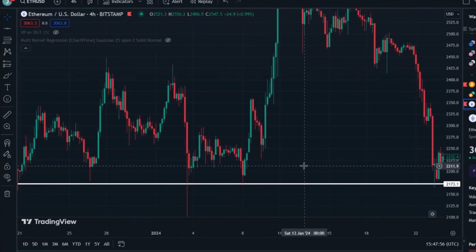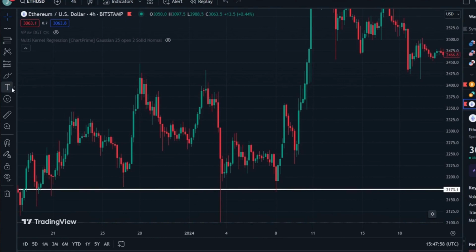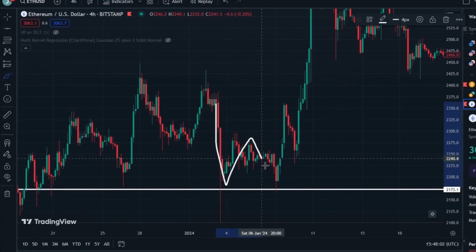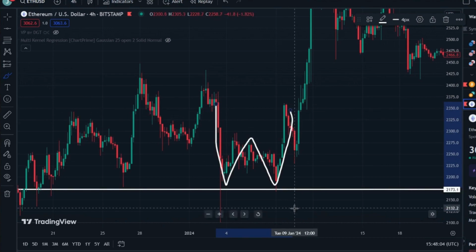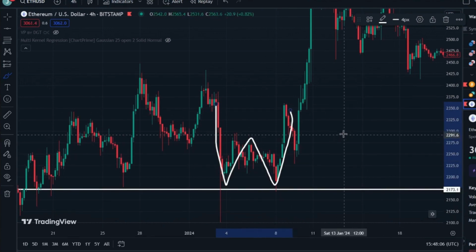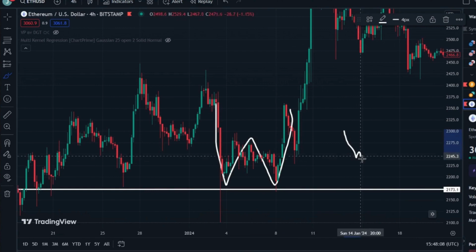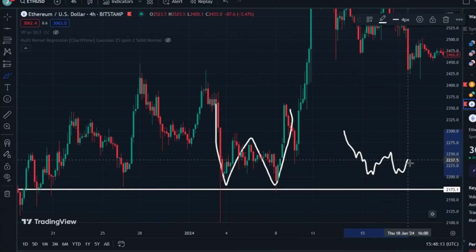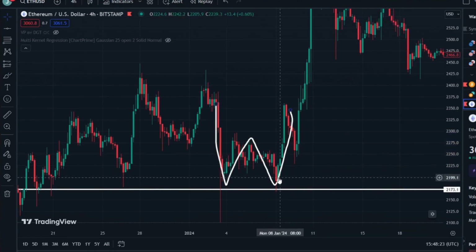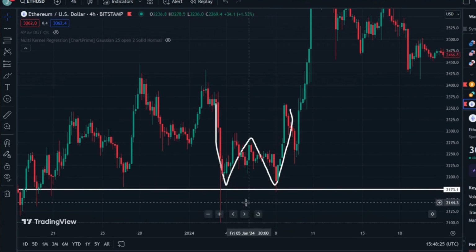Right now I can notice that we have a good potential W pattern here, as you can see. The W is when the price does something like that, then goes upside down and goes back again. It's a W, and we can see that the two sides are similar to each other.